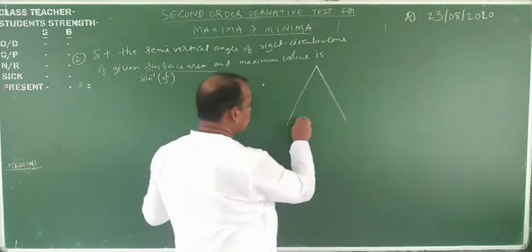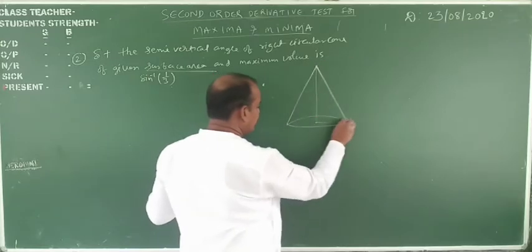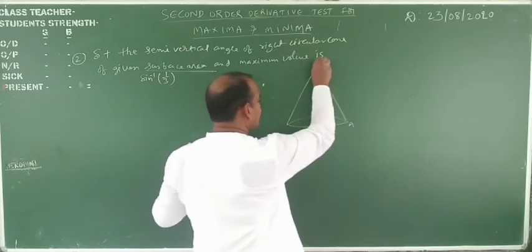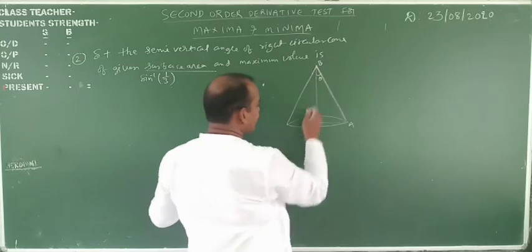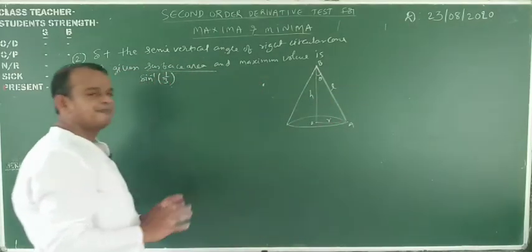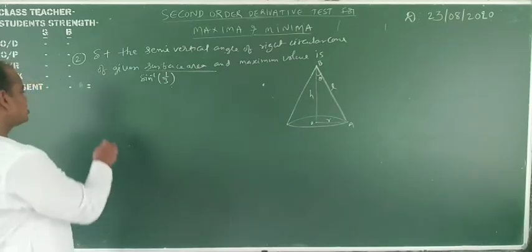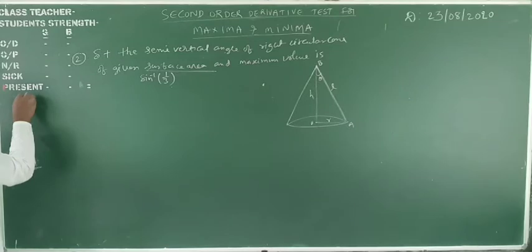Now the cone, no doubt, we will compulsorily draw: every time we take O, A, B. This is theta, this is H, this is L, this is R. Always that is the same. Now let us write one by one neatly.